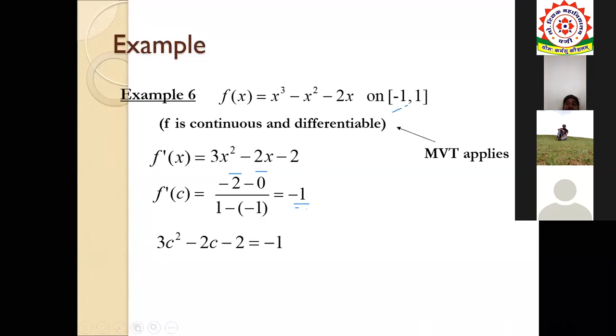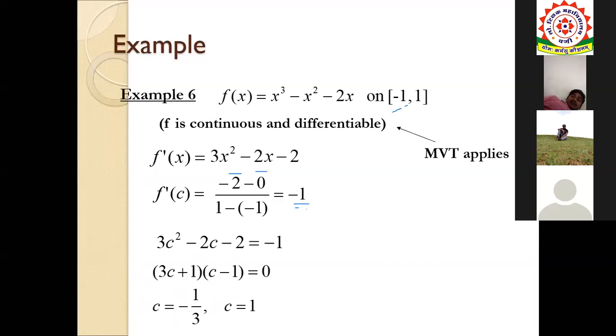So if we find the value of c, the given condition is that f dash of c is equal to minus 1. So simply write f dash of c: substitute x equal to c in f dash and equate it to minus 1. So 3c square minus 2c minus 2 is equal to minus 1. Simplify, we get 2 roots, that is minus 1 by 3 and 1.